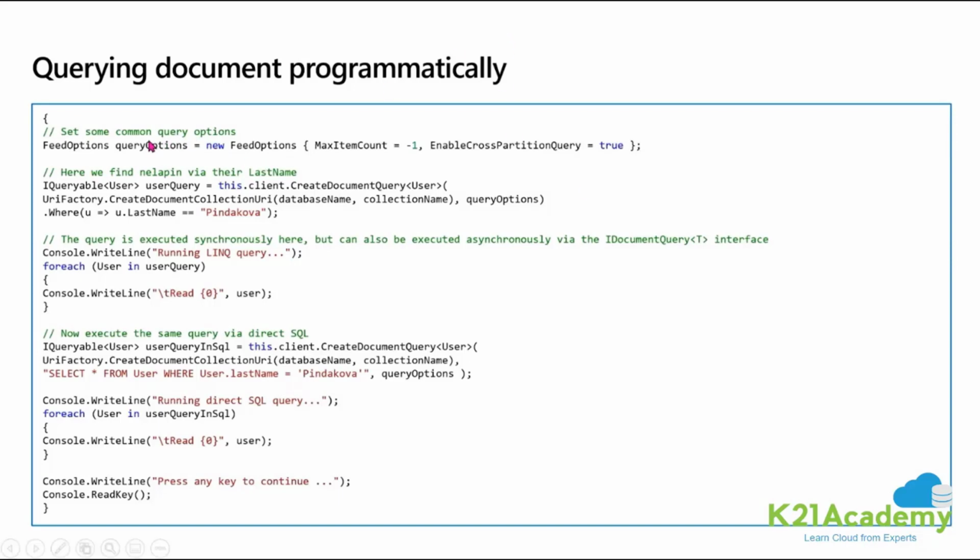Using the .NET SDK, when we do CRUD operations, LINQ queries are used, and there are multiple methods by which you can run the queries. The queries can be run with the SDK, or you can run direct SQL syntax against the database as well. So you can see select star from user where user.lastname equals the last name of the user. Console.WriteLine can be used to print out the outputs.